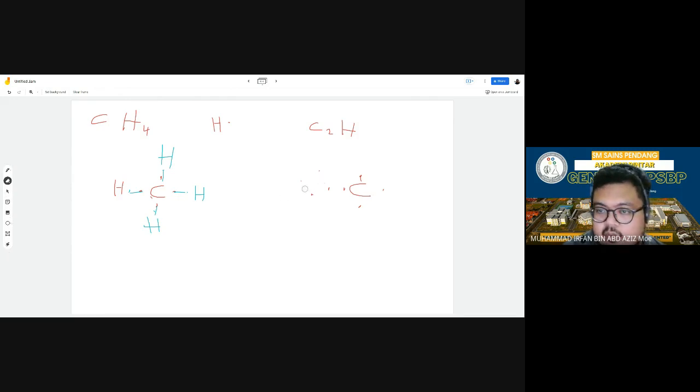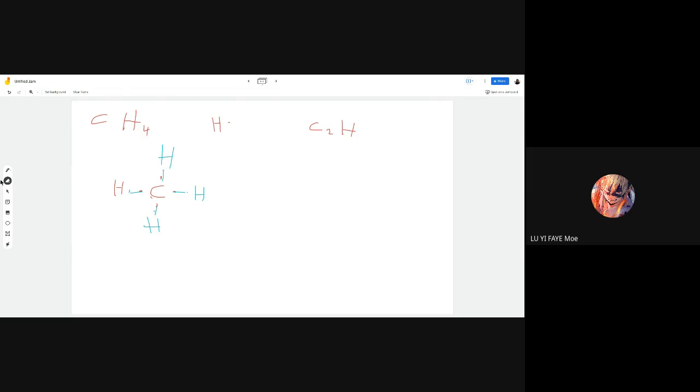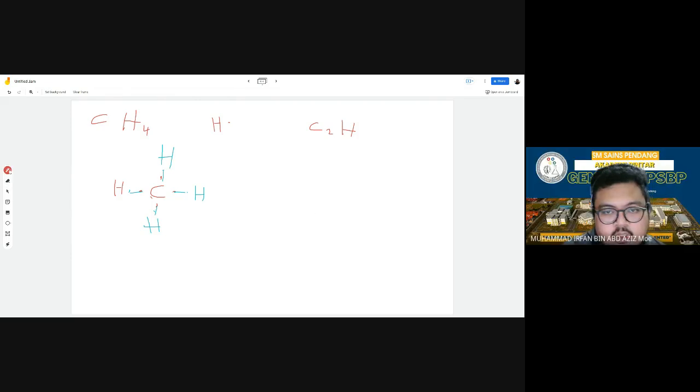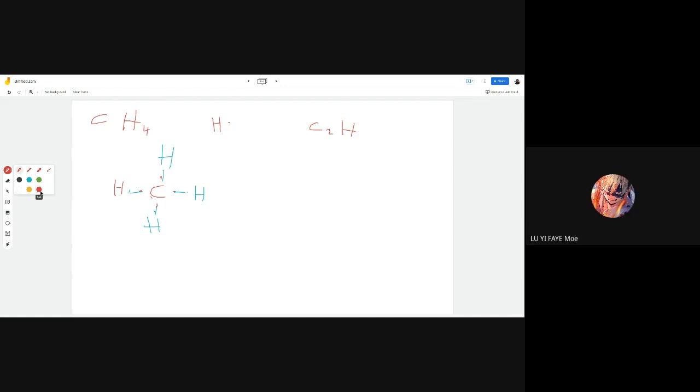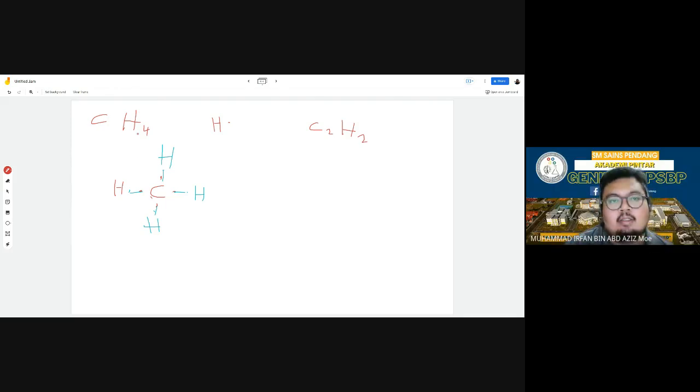Teacher, shouldn't it be C2H4? Okay, C2H4 is for single bond. No, C2H8, because every C needs two. That's for single bond. Remember dia punya empirical formula is CH4, so n is a whole number.